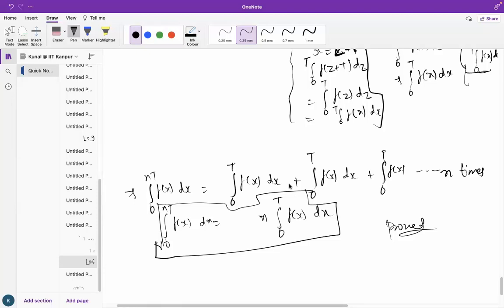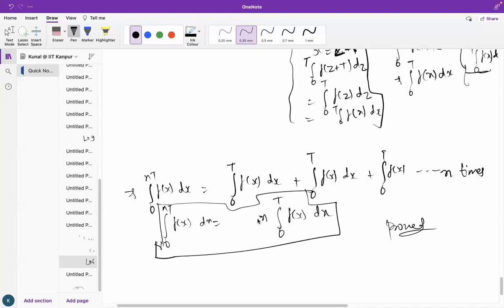So we can write the integral from 0 to nT of f(x) dx as equal to n times the integral from 0 to T of f(x) dx. I hope you all understand what I'm trying to say.